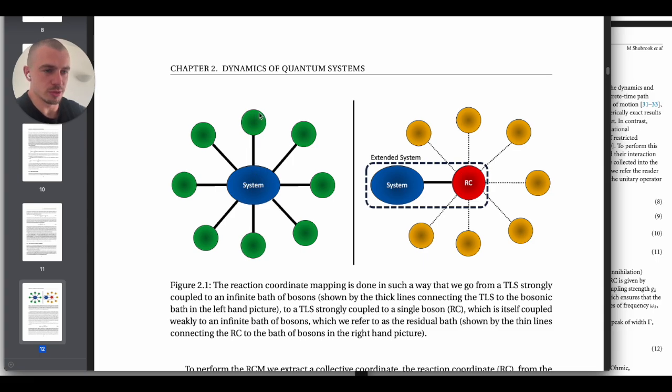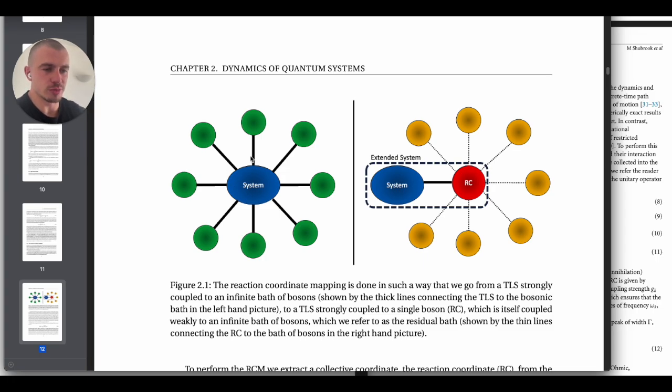And it's coupled to the full environment, which is given by these green circles. Each one of these green circles is a quantum harmonic oscillator. And these thick black lines which link the system to each mode of the bath represent the fact that they're strongly coupled in this case.